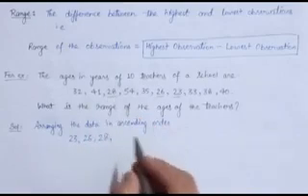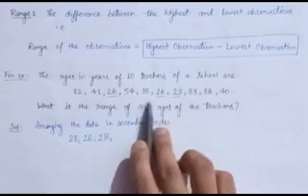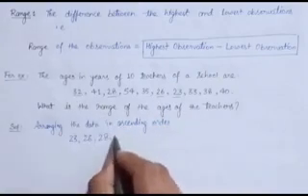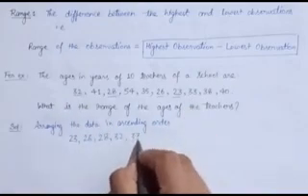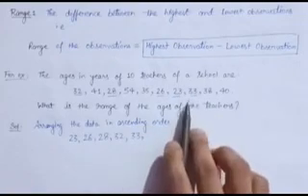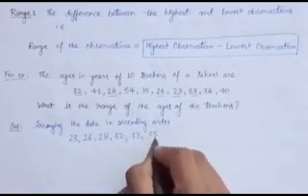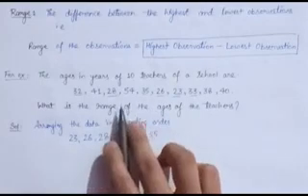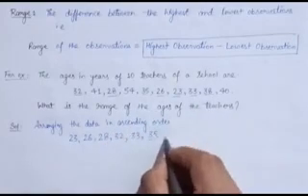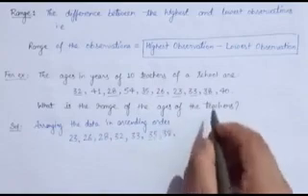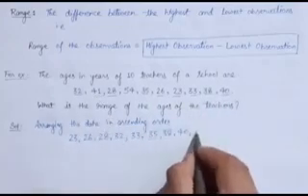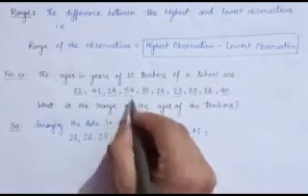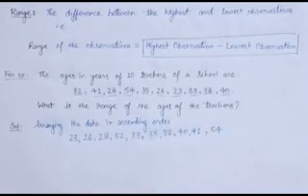Now you can see after 28 it is 32, and after 32 it is 33, and 33, 35. After 35 it is 38, then 40, then 41, and last 54.